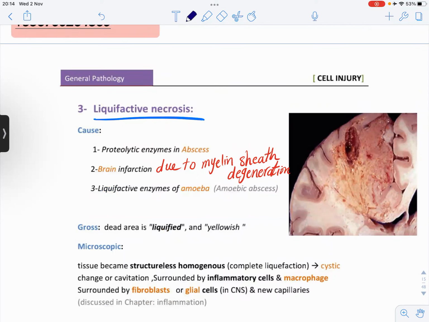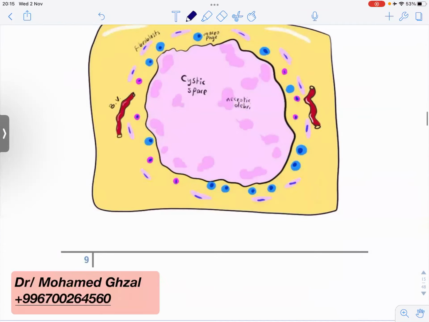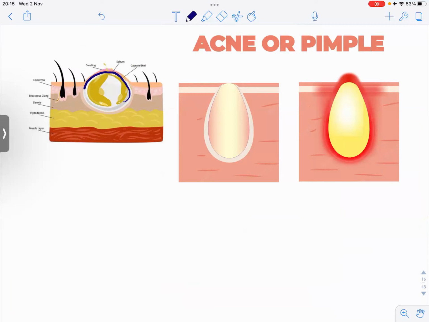And the immune cells will produce proteolytic enzymes. Proteo means protein, lytic means lysis, breaking down. So it will break down the proteins of these cells, and this protein will accumulate in dead cells and then convert into something called pus. Pus is a yellow liquid.